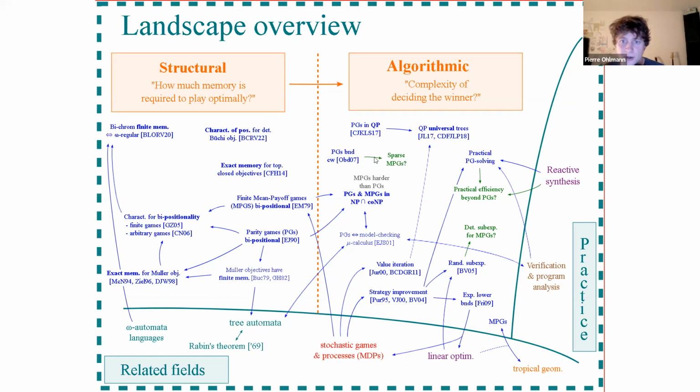Okay, so that's for sparse stuff. And now quasi-polynomial stuff. There's been this recent breakthrough in 2017 that parity games can be solved in quasi-polynomial time, so roughly n to the log n. Then this was redigested and re-understood, and now people talk about universal trees.